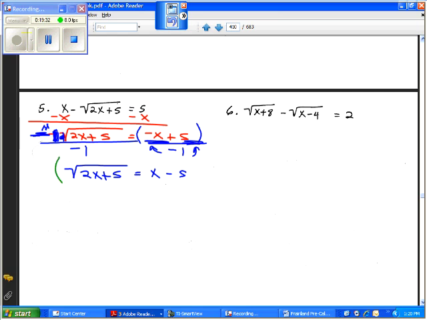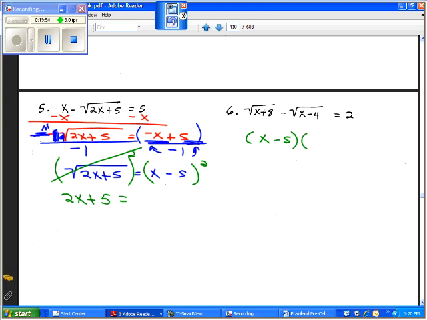So we got the square root isolated, so now we're going to square both sides. And the square cancels the square root, and we get 2x plus 5 equal x minus 5 squared.